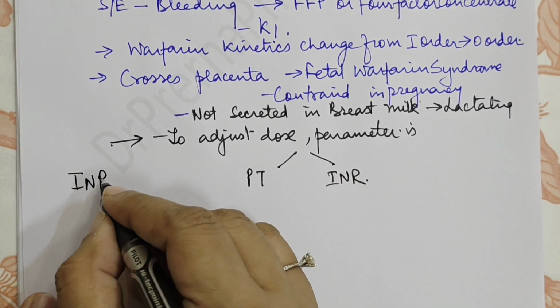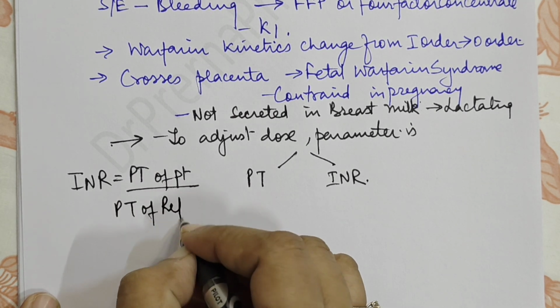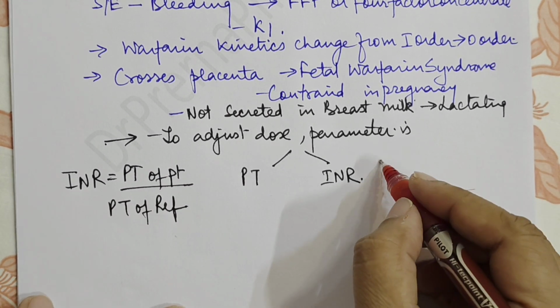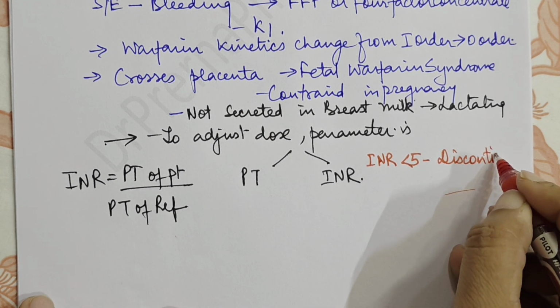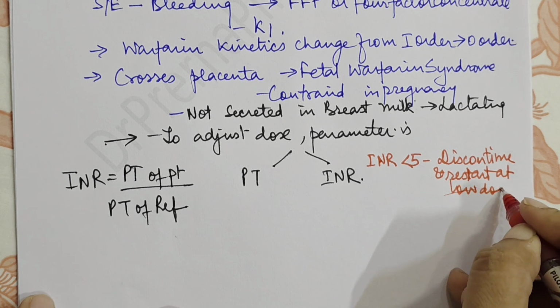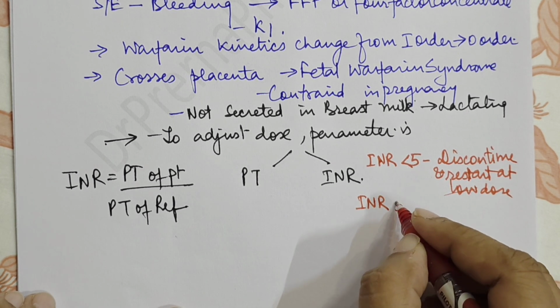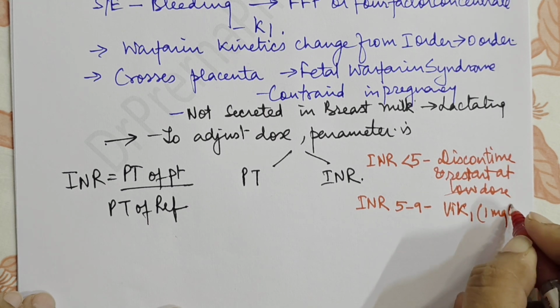What is INR? INR is PT of patient upon PT of reference. Now let's look at INR. If INR is less than 5, then discontinue and restart at low dose. If INR is 5 to 9, then give vitamin K1 1 milligram oral.